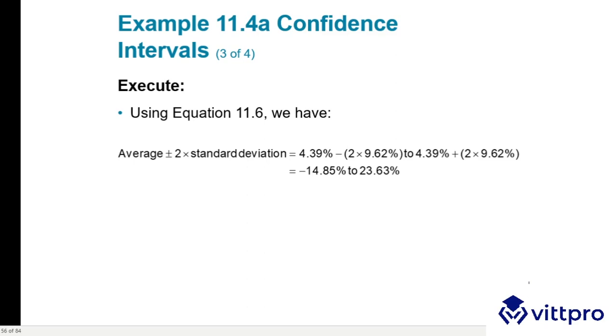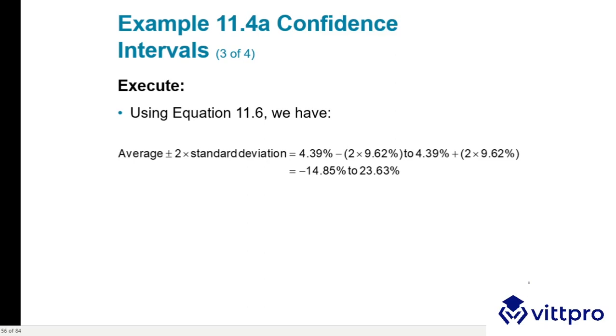With that confidence, we can say the next year's performance will be in a range of minus 5% to plus 14%. But if we want to be 95% confident, then we have to add and deduct 2 standard deviations from the mean: minus 2 into standard deviation, plus 2 into standard deviation. So our range of guess is minus 14% to plus 23%.